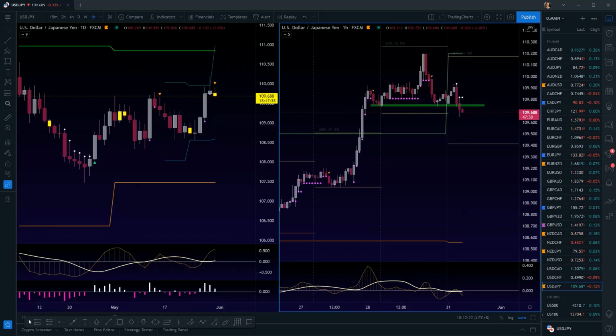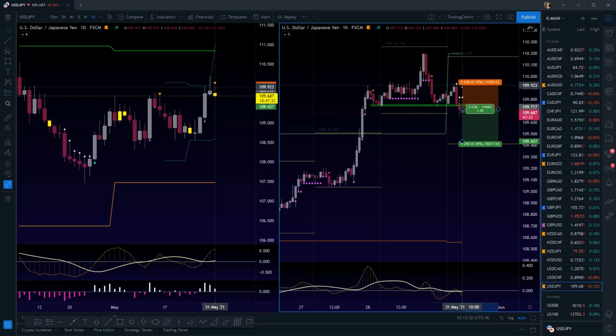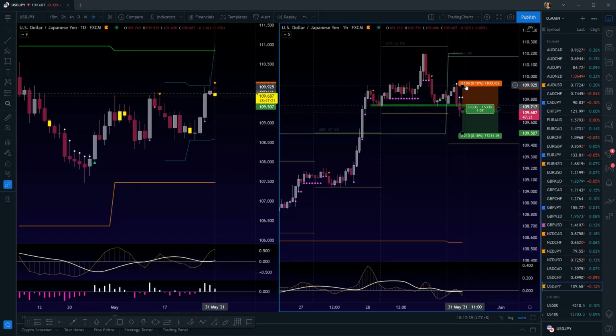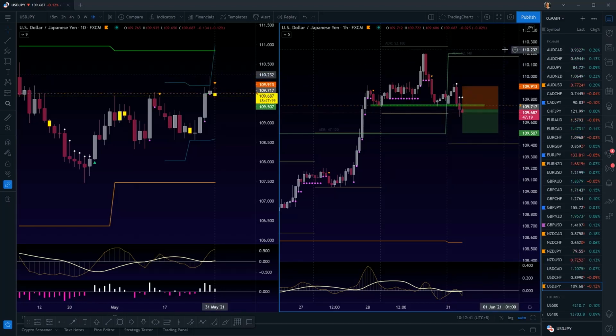Take the breakout trade. You would be in this already. Maybe to here, it's about 1R. So yeah, I'm going to see if this pulls back a bit. Might decide to enter.